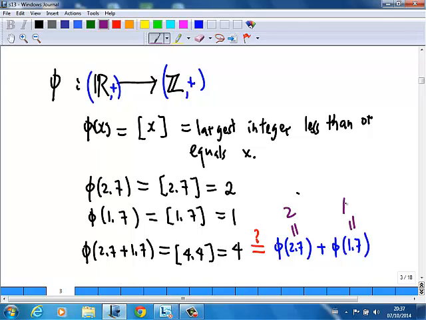It doesn't add up. So this is not a group homomorphism. It's just an ordinary mapping. Take note that the operation in both groups is addition in this case. It's not always true. So this is not a group homomorphism.